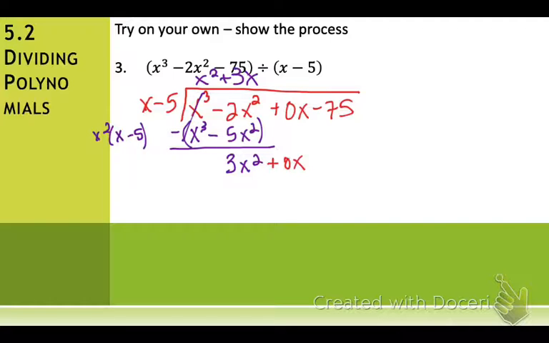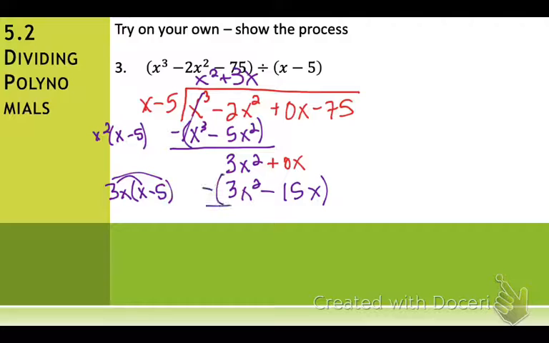Okay, now take that 3x and times it by that. That's going to be 3x squared minus 15x. Subtract it. Cancel. 0 minus minus, that's going to be plus, so that's going to be 15x. Bring down the minus 75.